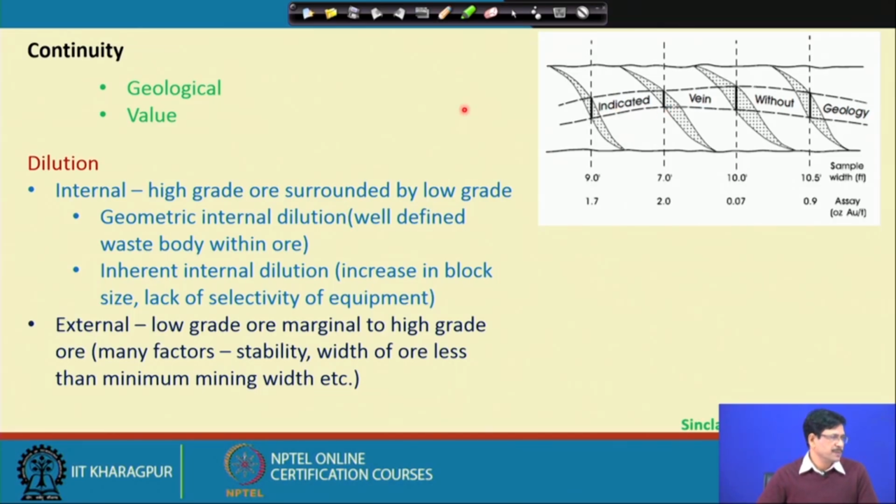So, with a couple of quick examples we can demonstrate what we actually mean by continuity, geological and value continuity. Here is a small example. What we see here is a hypothetical case where there are some sigmoidal dilational veins, which are generally encountered in many different deposit types.